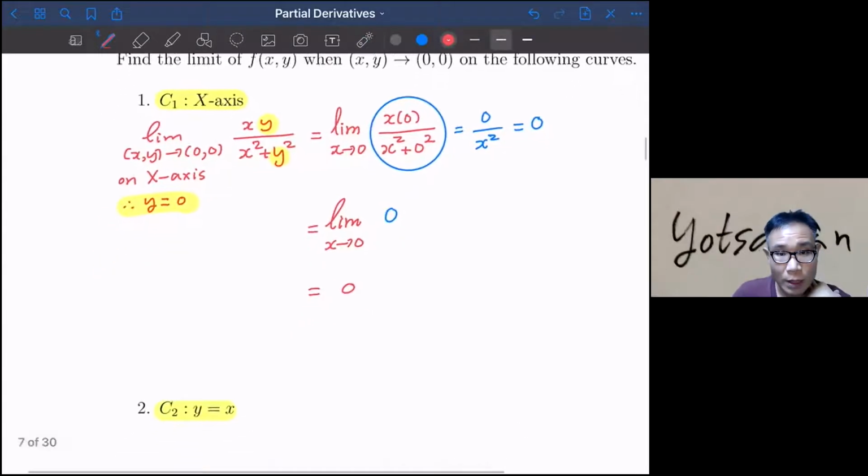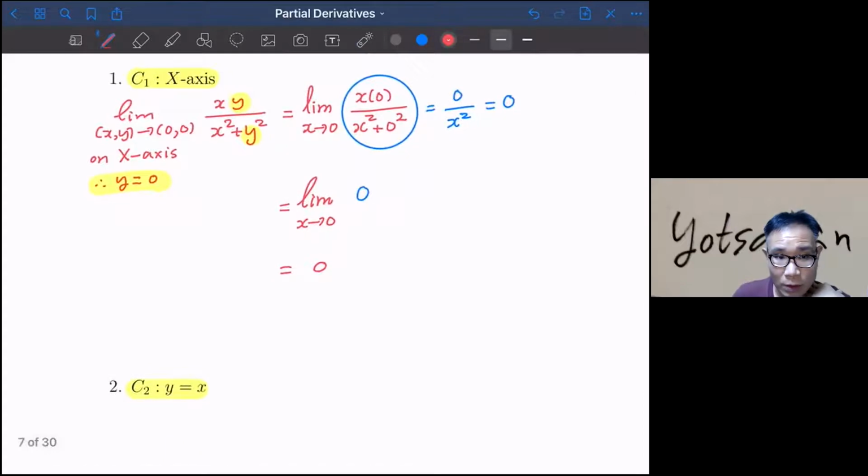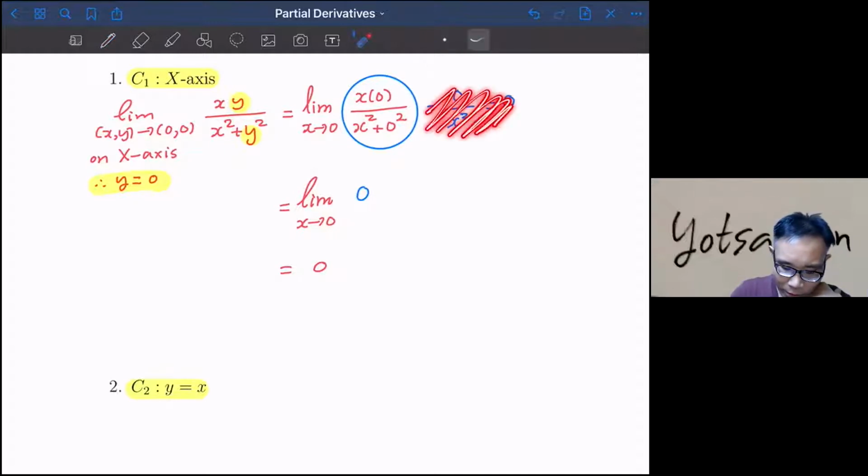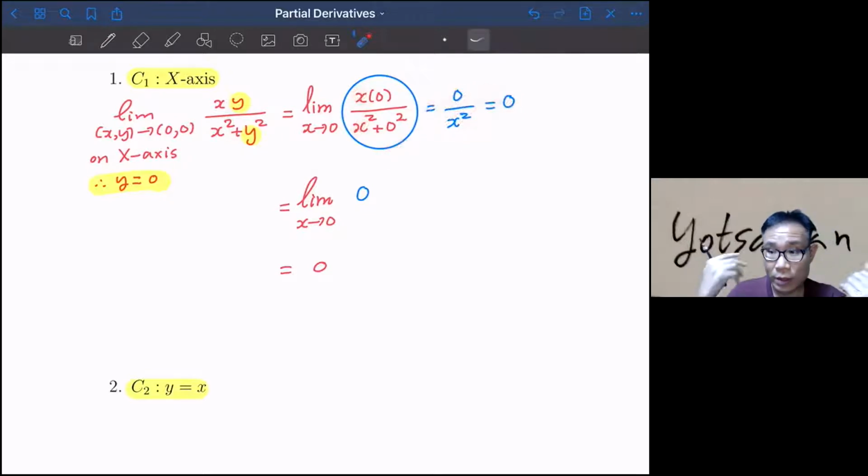So that will be our limit on C1. It's not 0 over 0. Some of you think that if you just take the limit, you get 0 over 0, which is the indeterminate form. However, this is not an indeterminate form. It's just 0 before taking the limit. So that is the tricky thing to watch out for.